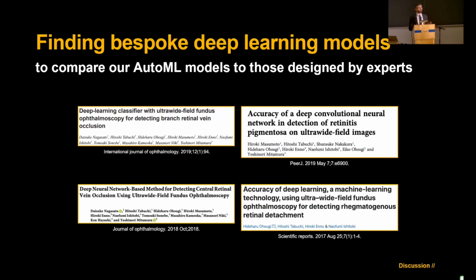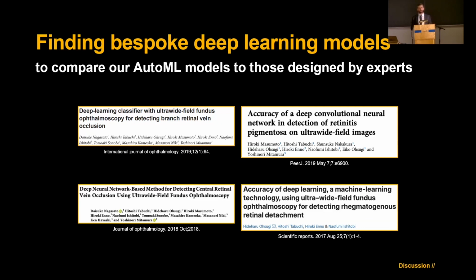To know if our models performed well, to know if ophthalmologist-made models could be compared to those designed by AI experts, we systematically searched the literature to find bespoke deep learning models created by experts.